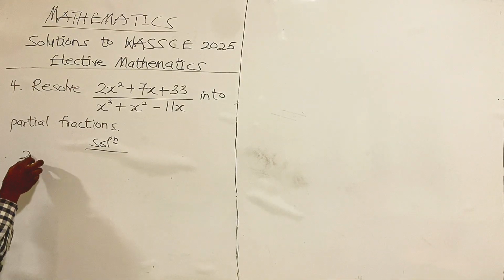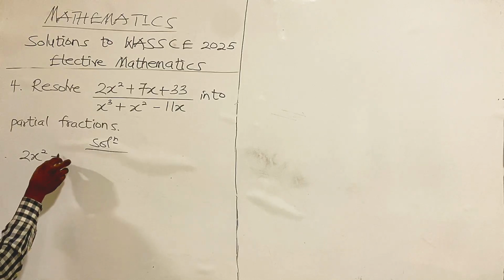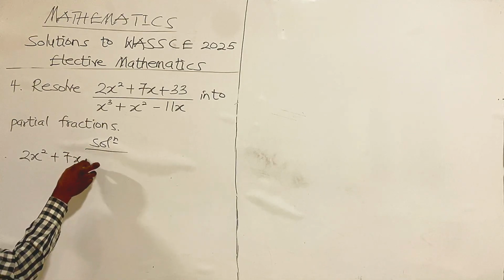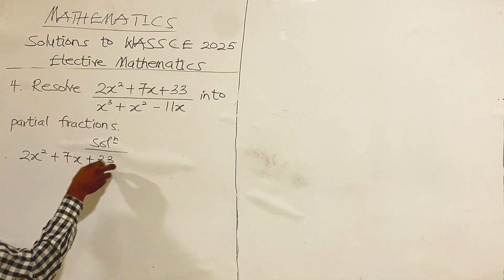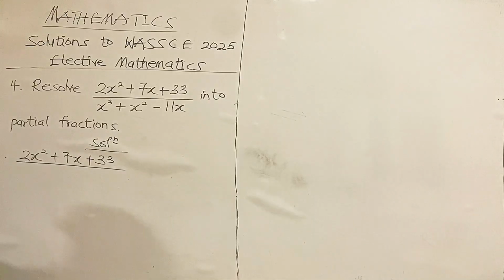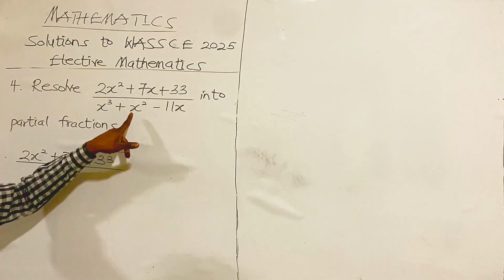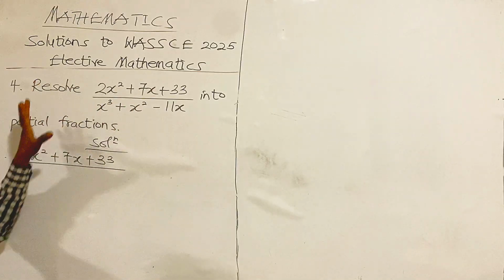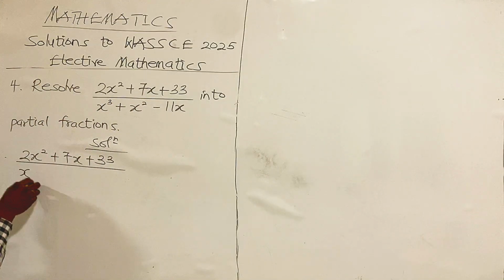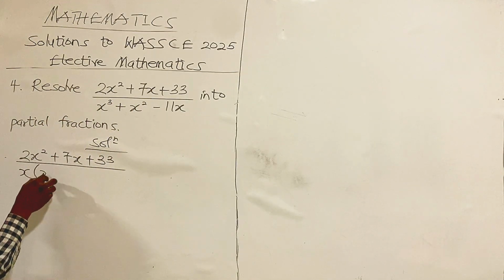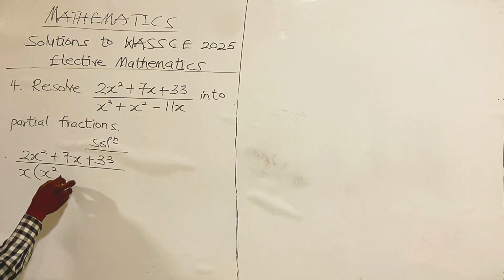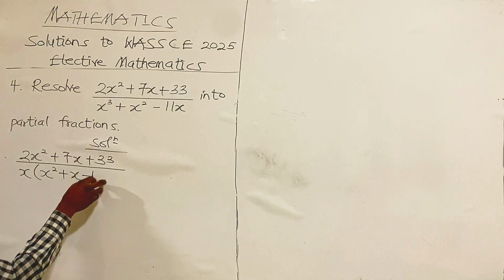So we have 2x squared plus 7x plus 33 all over, then you could see that there is x here, x, so we can factor x out. So we have x into bracket, it will be left with x squared plus x minus 11.